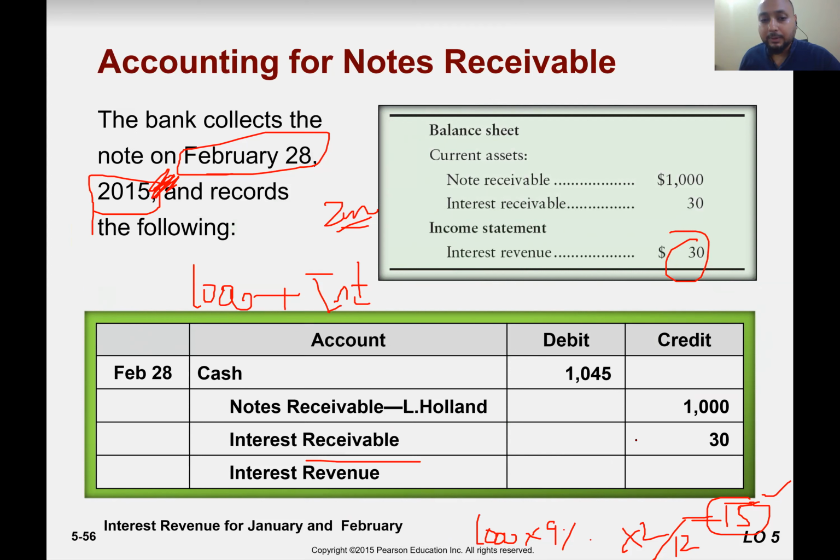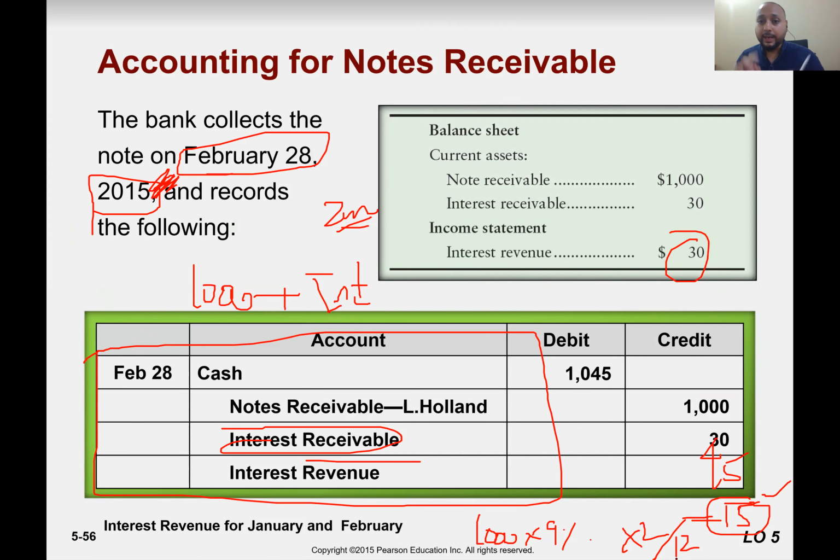Sometimes many students have difficulty understanding this combined entry. So I'm just going to tell you that this is just a matter of 2 different financial years. If it is one financial year, then we don't see a receivable here. We just need to write down 45, that's it.